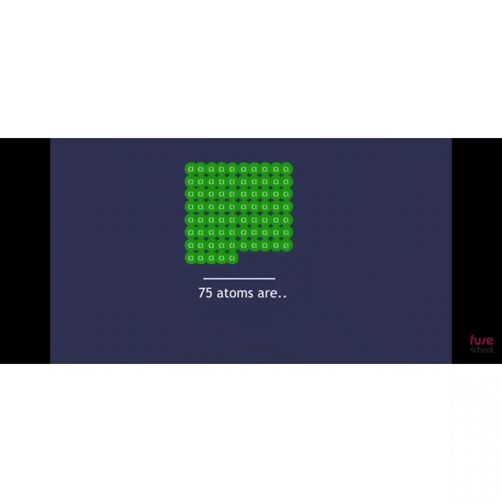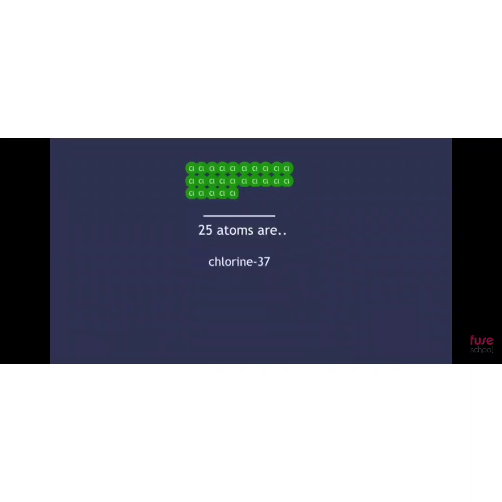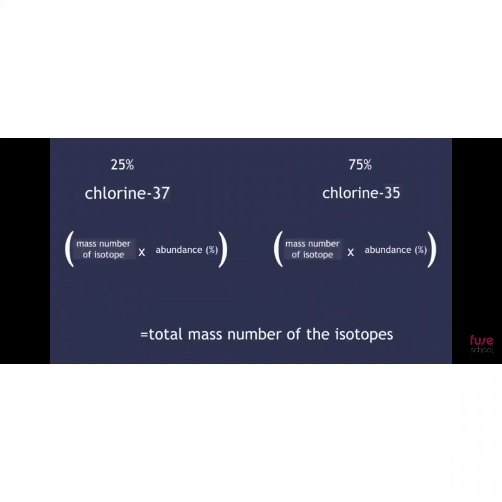Out of the 100, 25 atoms will have atomic mass 37. So we see that we can calculate the atomic mass number by taking the mass number multiplied by the abundance percentage and taking the average of all the isotopes present.